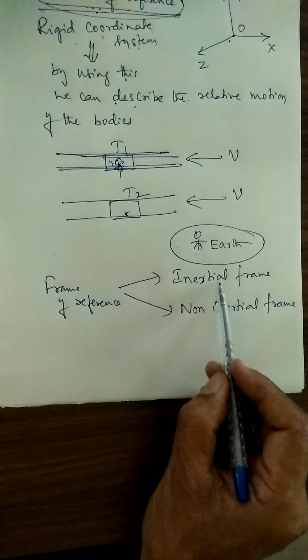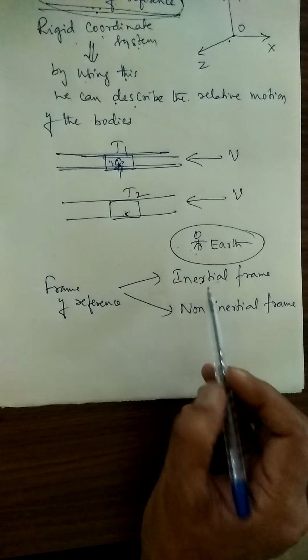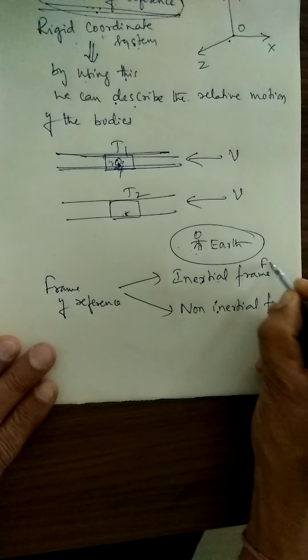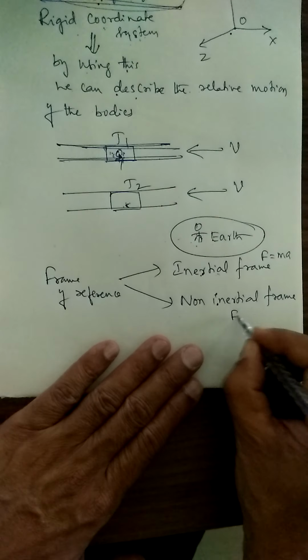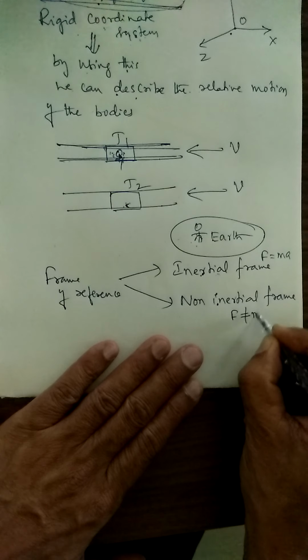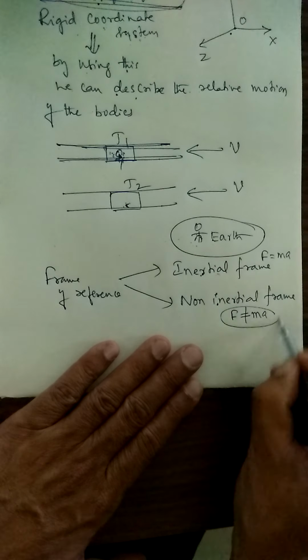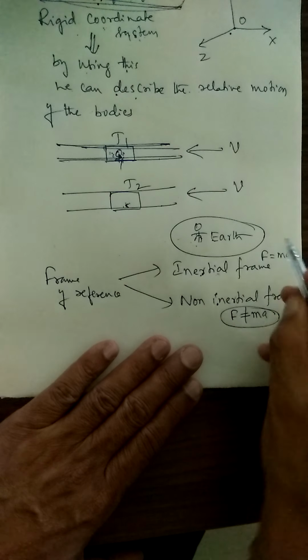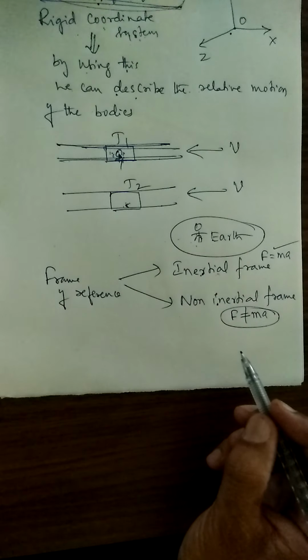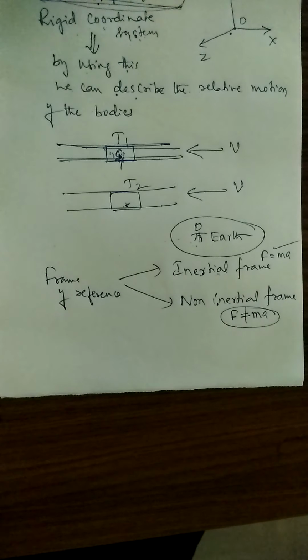F is equal to ma holds good here, whereas in a non-inertial frame F is not equal to ma. Newton's second law of motion does not hold good there.